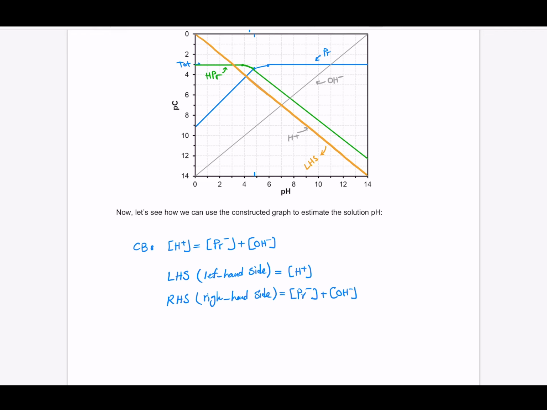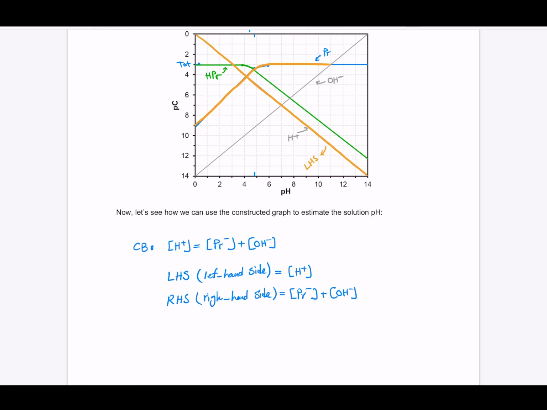This P line follows the bigger value. So we want to combine this line, and then as we trace across the x-axis, we follow the bigger line. So the higher value. So the right hand side goes like this. At this point, this value is bigger and bigger and bigger than this line. So the combination would also follow that. So this would be following because PR is bigger. But now we get to this point.